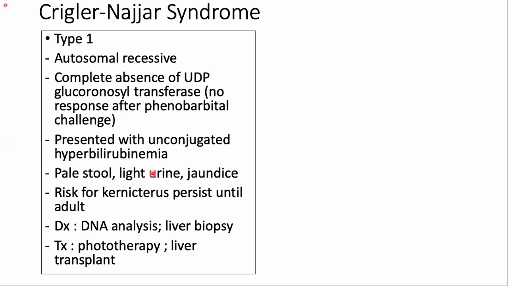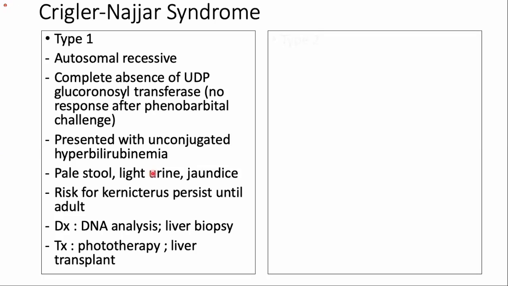Basically, the mechanism of phototherapy is the same as the neonatal one. What does phototherapy do? The textbook doesn't mention it, but in one of the articles that I've read, it will convert the unconjugated bilirubin into two isomers: the structural isomer and also the configurational isomer.